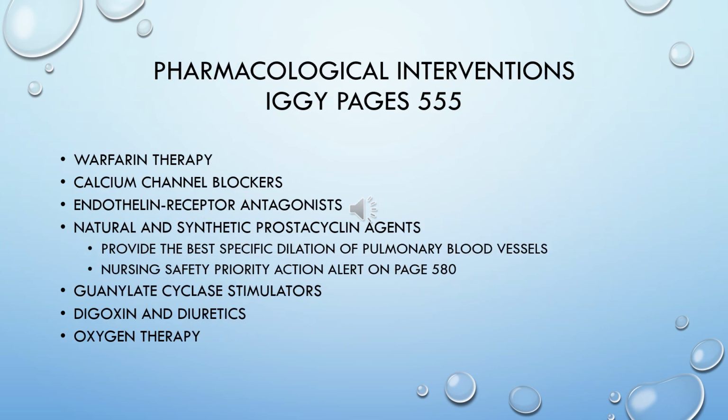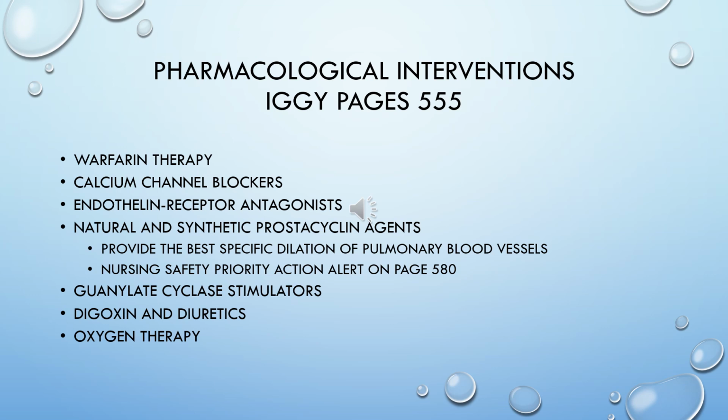So the pharmacological interventions: these patients are typically placed on warfarin, and this is just used since we've got decreased perfusion going on, to make sure that there are no clot formations. They may also use calcium channel blockers, as these are used to help dilate blood vessels and open them up.